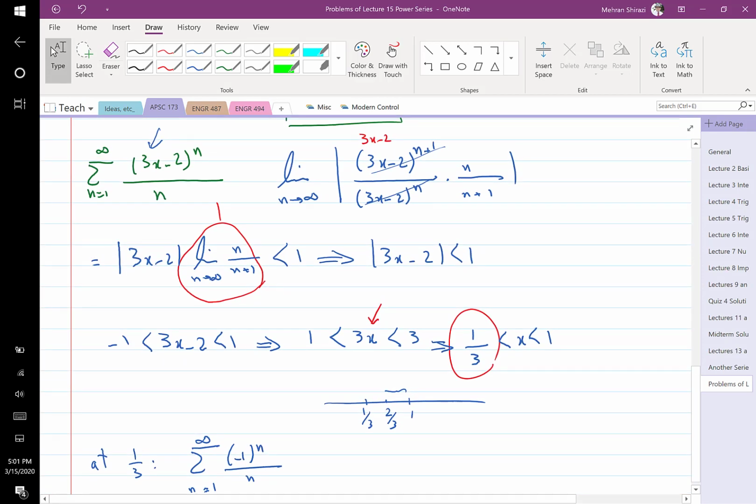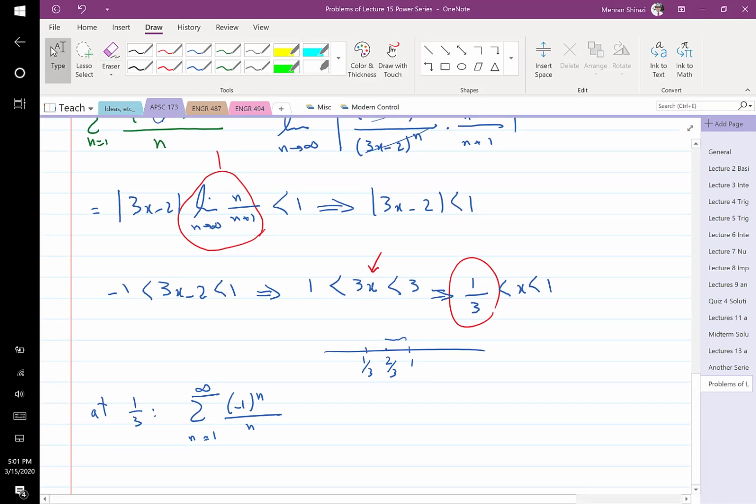Again, I repeat how I got negative 1 to the power of n: replace x with 1 over 3, 1 over 3 times 3 is 1, minus 2 we get negative 1. Okay, what is this series? You have seen it before. It's the alternating harmonic series, and it's conditionally convergent. So this is converging, the absolute value is not. This is the alternating harmonic series, which we have discussed in the previous lectures.